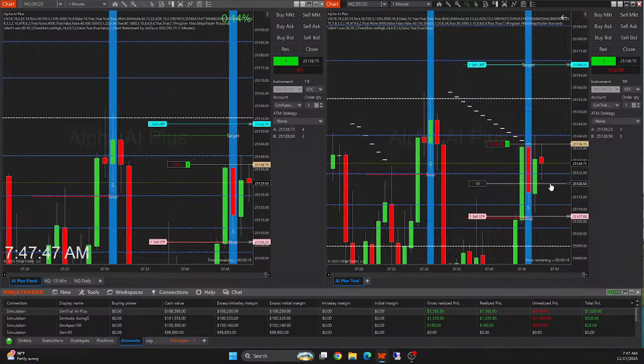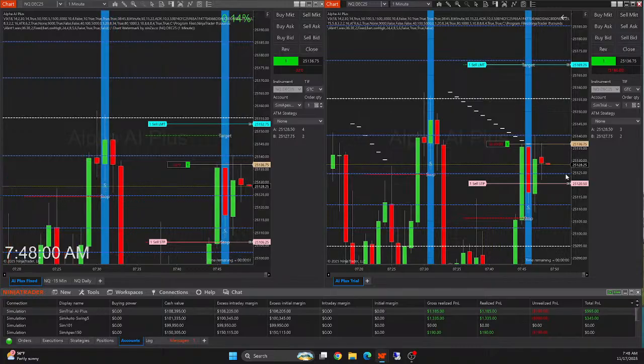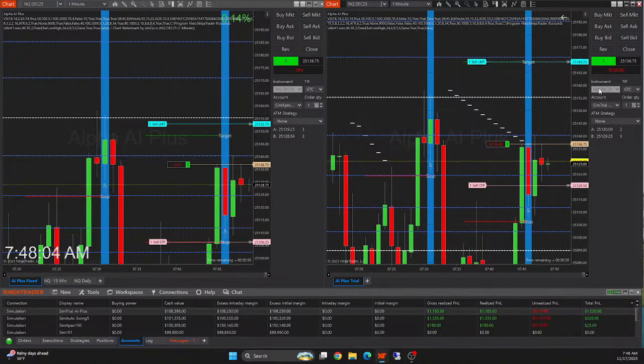Come on, man. Yeah, I'm gonna reduce my risk actually for this trade. I'm gonna reduce my risk here. If it hits my stop, that's fine. Around a $200 loss. I already made $1,100, so it doesn't matter if I lose $200.